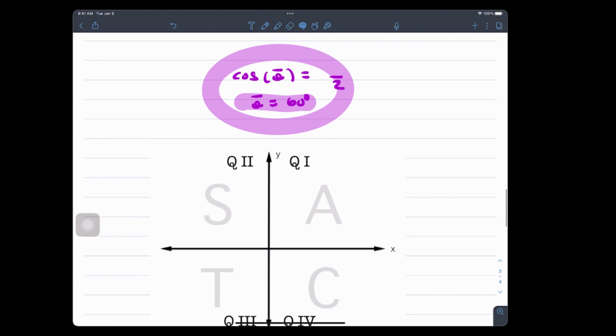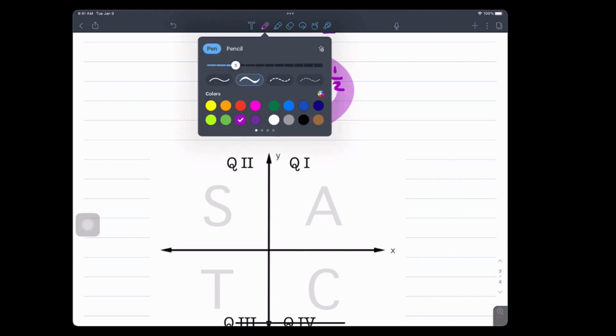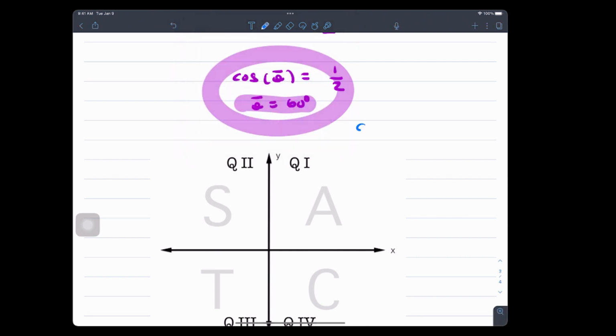Okay, so you say, but Mr. Judge, how does that work if we're trying to solve the equation where cosine theta is actually negative 1/2?